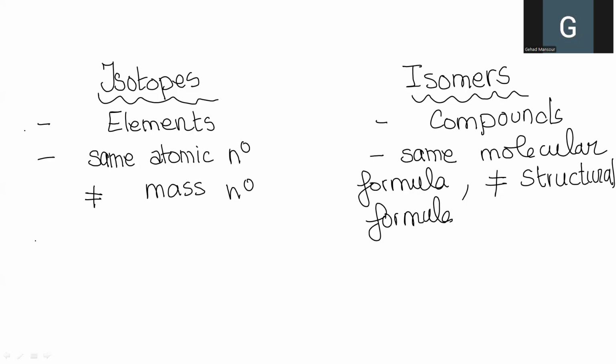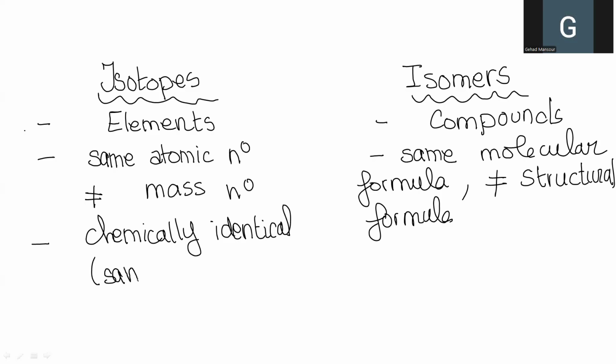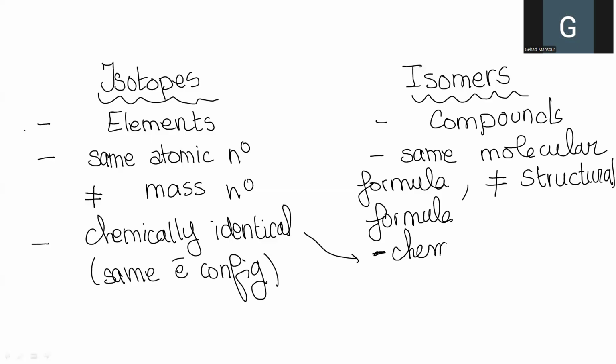Isotopes are usually chemically identical because they have the same number of electrons and the same electronic configuration. Whereas isomers are chemically different.